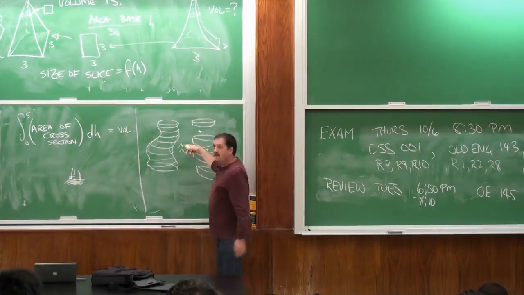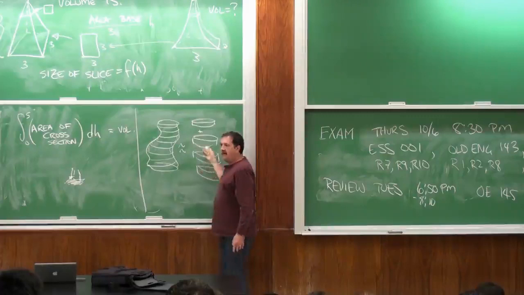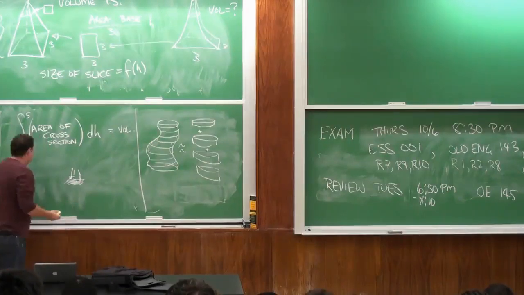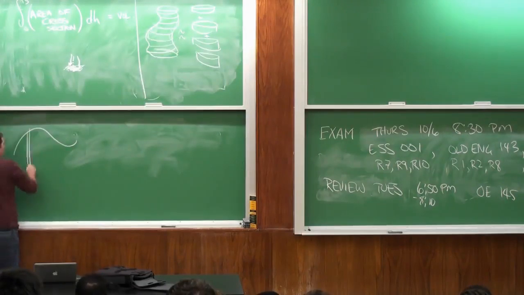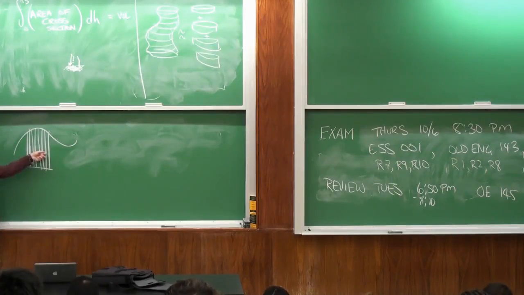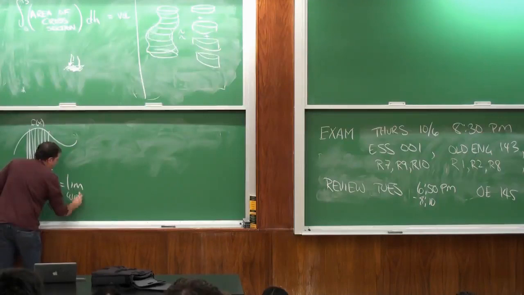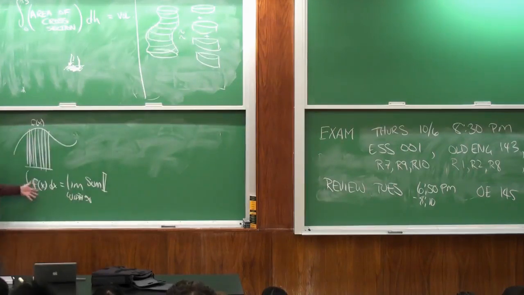Well, we're doing this backwards. We're computing the volume by slicing this up, and then computing volumes of little things that add up to the big thing. This is exactly what we did when we computed areas by integrals. We have some region, we slice it up, compute the areas of the little rectangles, and add them. So the integral of f of x dx is the limit as the width goes to 0 of the sum of the rectangles. The same thing here.